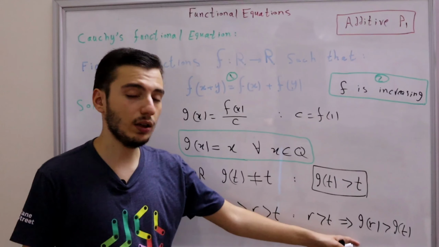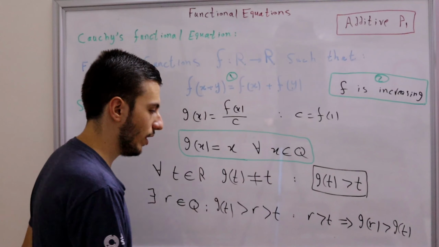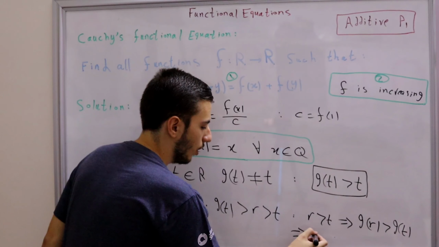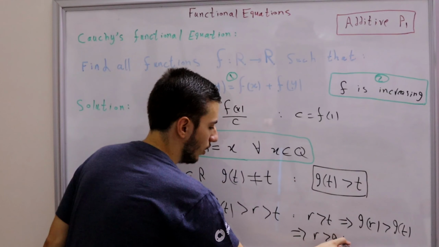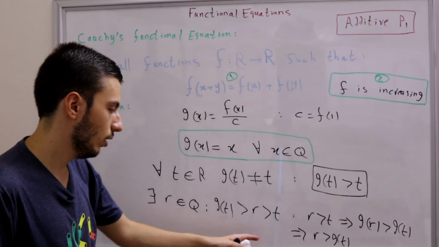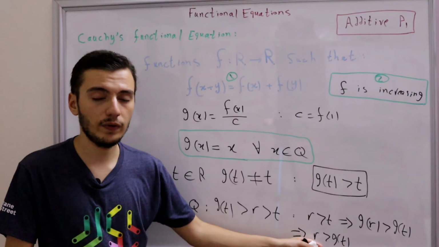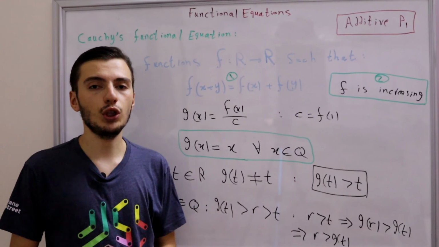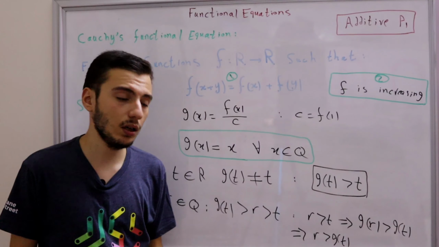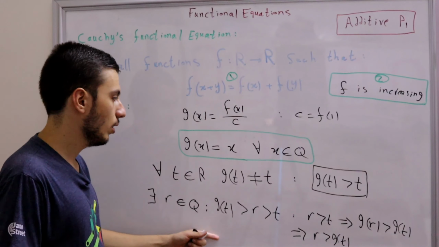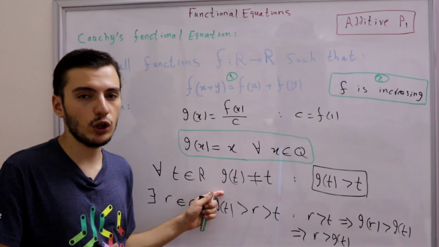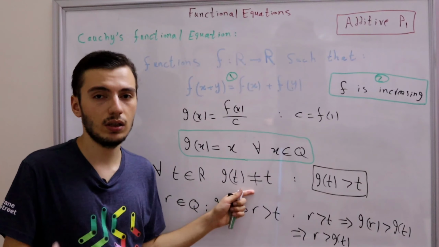But g of r is r, so that means r is greater than g of t. But take a look here, g of t is greater than r, and we have just proven that r is greater than g of t, which is a contradiction, and that's why our statement is wrong. So we cannot have such a t that satisfies g of t is not equal to t.